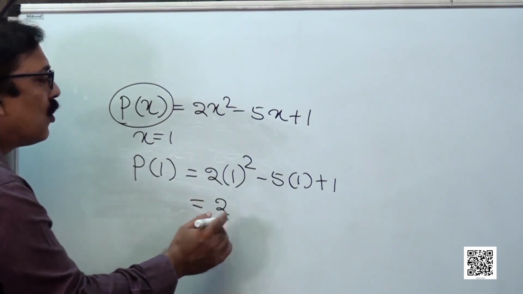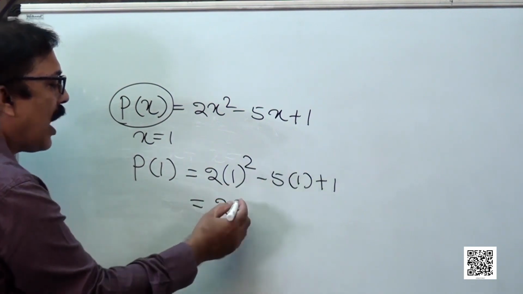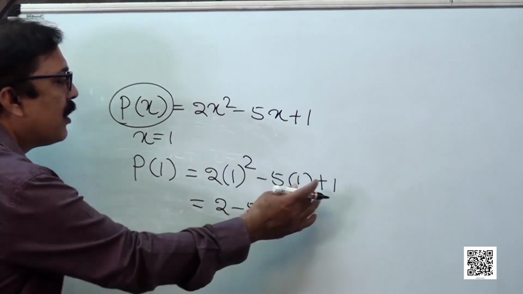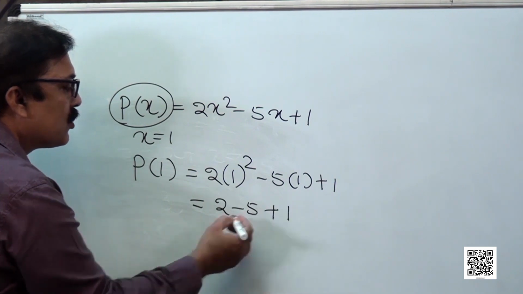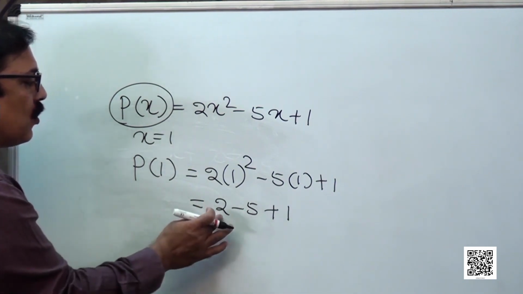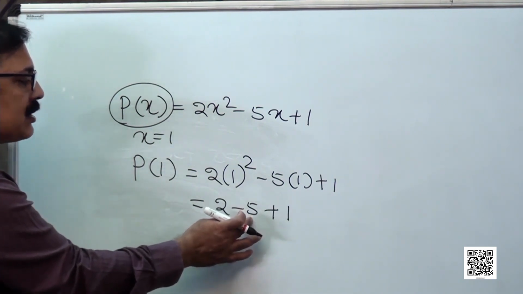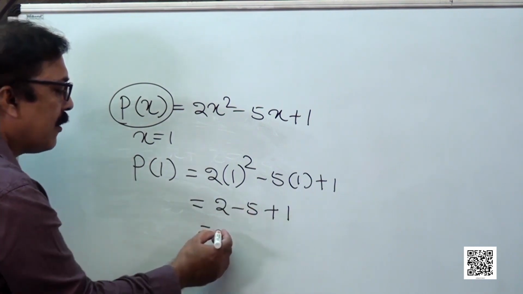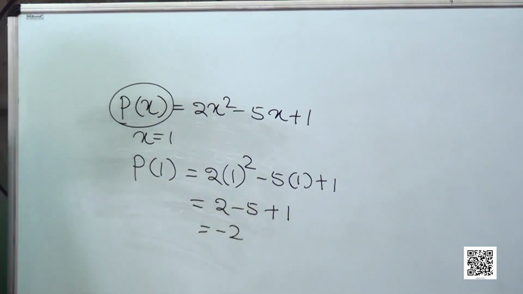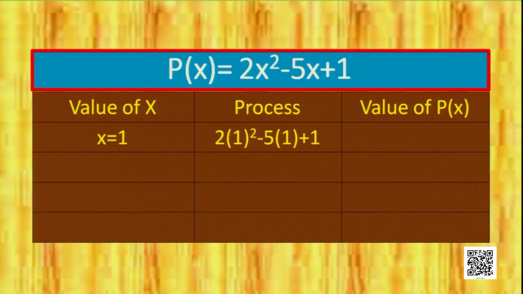Here it is 2 − 5 + 1, so the result is 2 − 5 = −3, plus 1 is −2. In this table we have done the same thing. So the result is p(1) = −2.